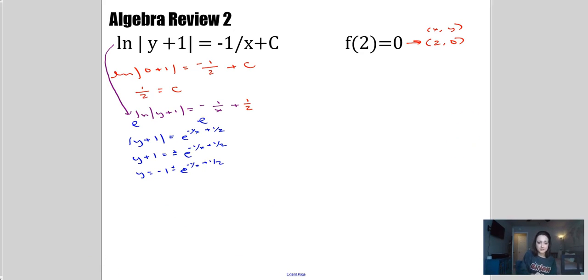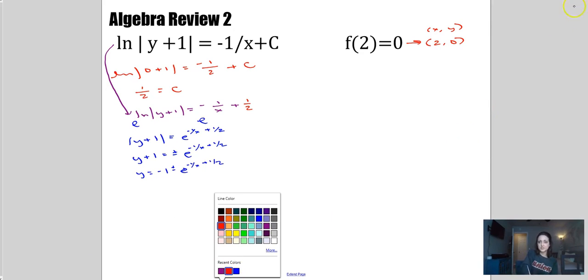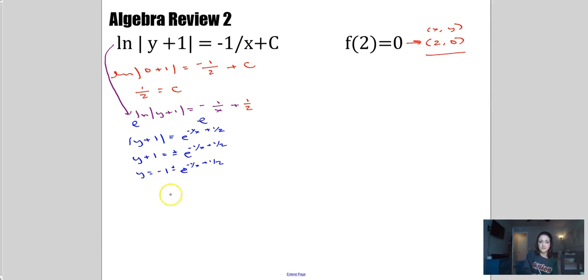So let's come back to our initial condition, (2, 0), and see which branch, positive or negative, gives me a true statement. So plugging in 0 for y, 2 for x. All right, so negative 1/2 plus 1/2 is 0, and e to the 0 is 1.